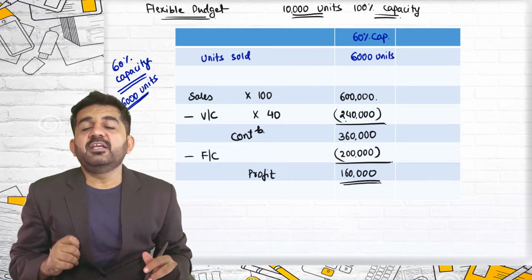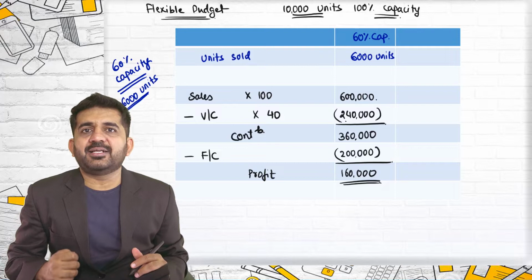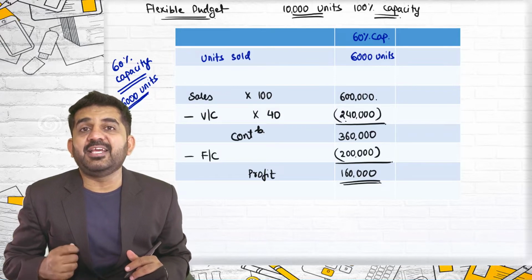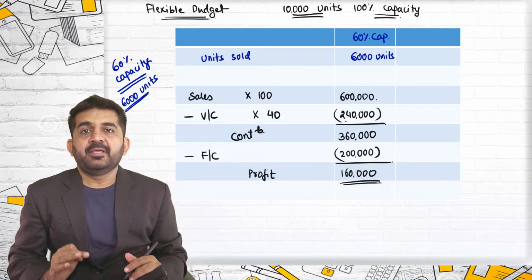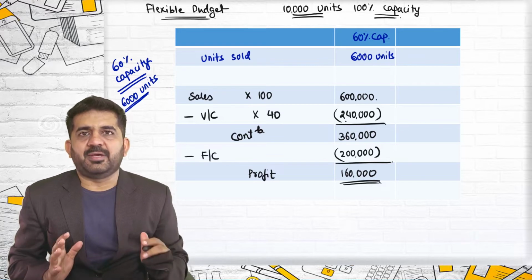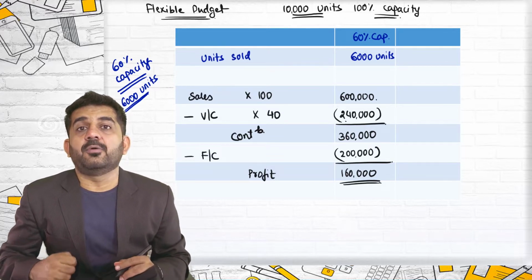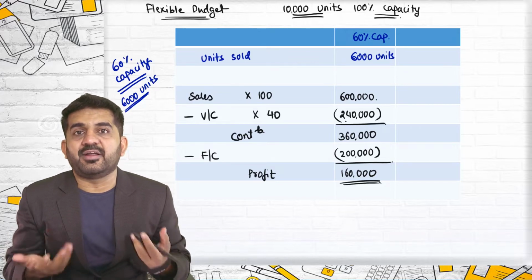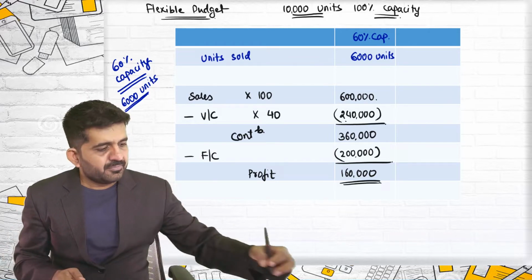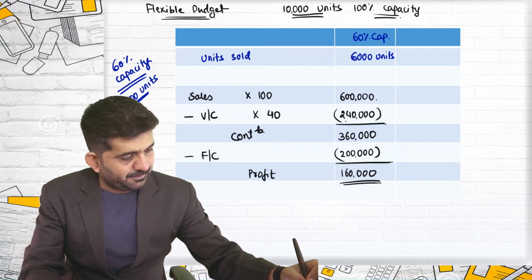Now, in the next year, you are expected to work at 80% capacity. And you, as a financial manager or cost manager, are told to prepare a budget of your revenues and your profits at 80% capacity.